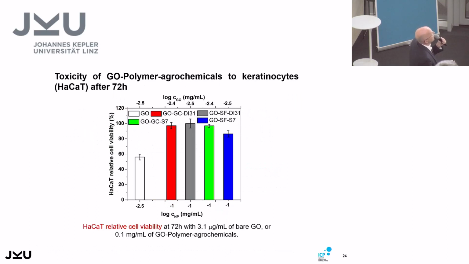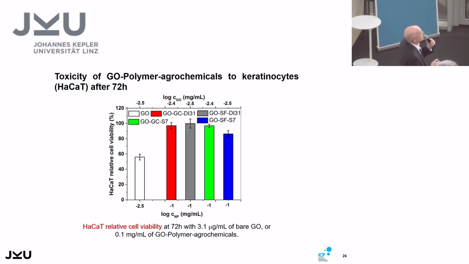First thing again, do we have some kind of cytotoxicity? Here we don't want any cytotoxicity because of the application, in this case agrochemicals for better plant growth, for using that as a fertilizer, so to speak.